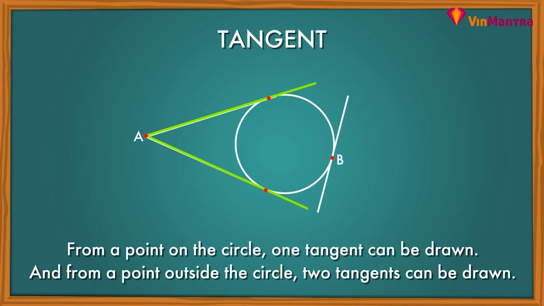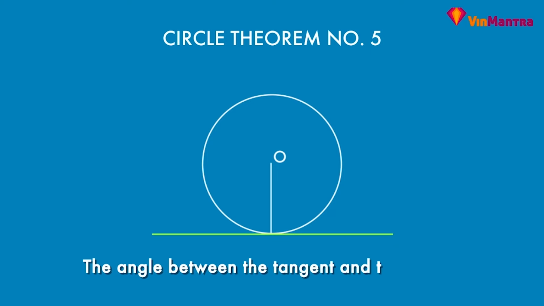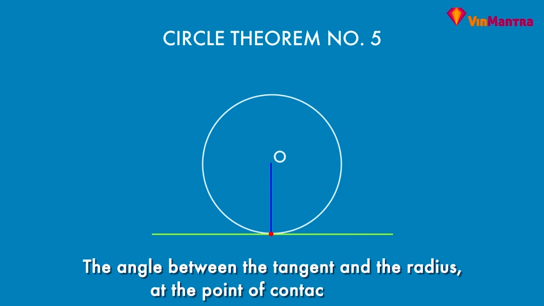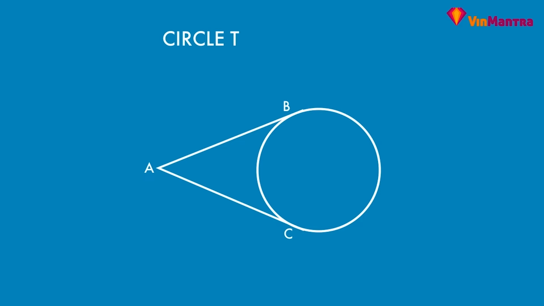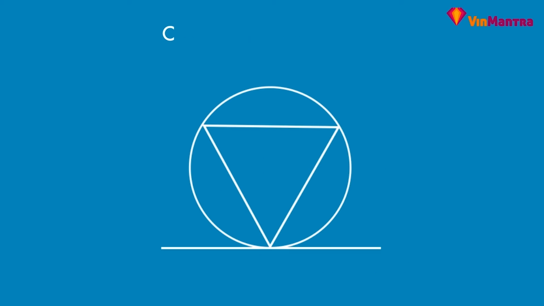can be drawn. Circle theorem 5 states that the angle between the tangent and the radius at the point of contact is 90 degree. The sixth circle theorem states that the tangents drawn from a point outside the circle are equal.